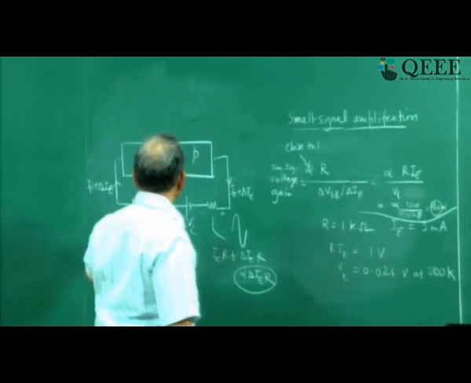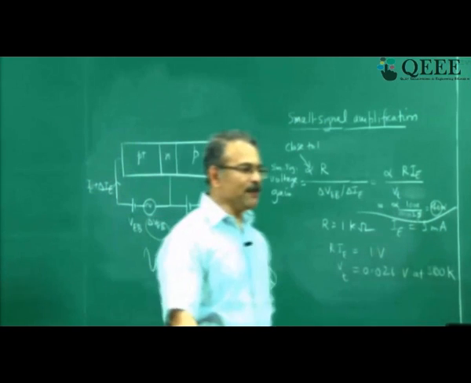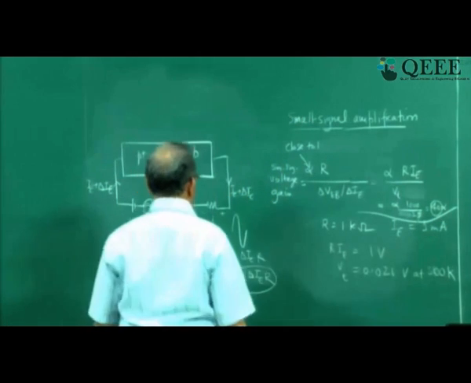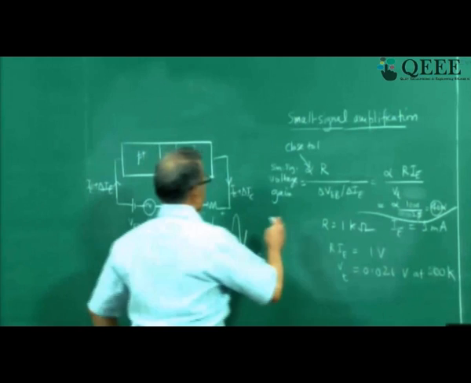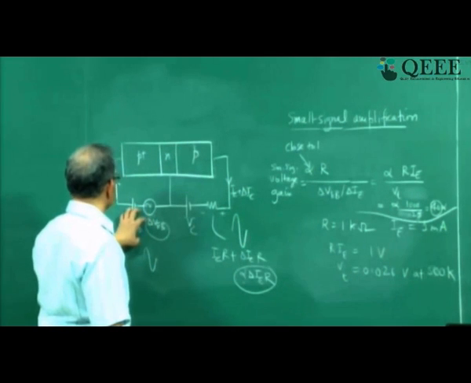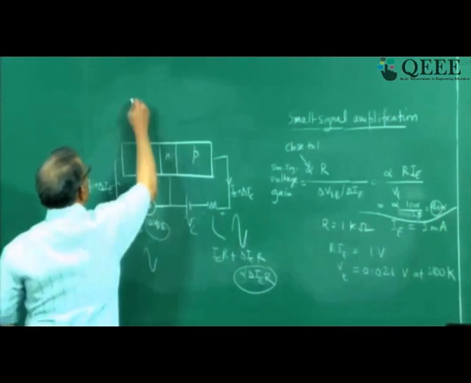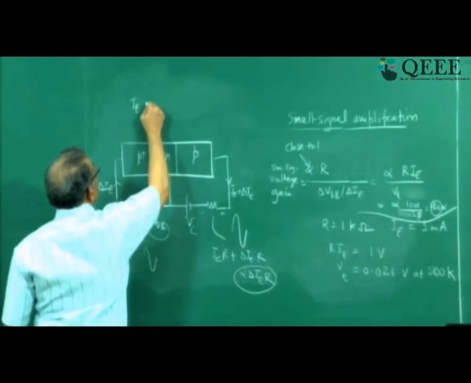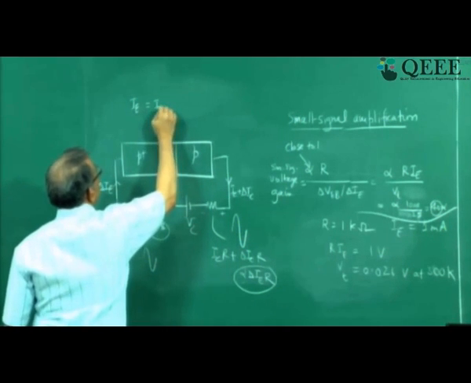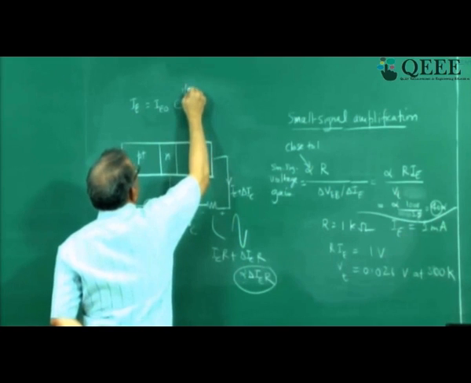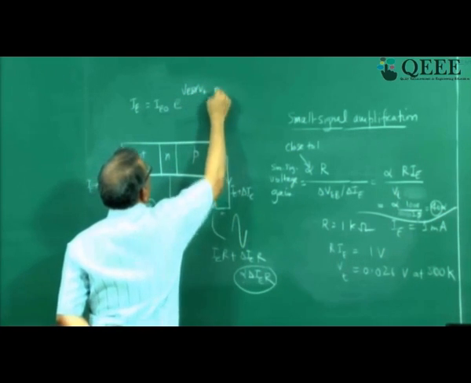First of all, we are talking of small signal amplification, right? Now, second thing is, when we talk of small signal, to find out the small signal current because of small signal voltage here, I should use the diode law: IE is equal to the reverse saturation current of the emitter junction into e to the power VEB by VT, minus 1.